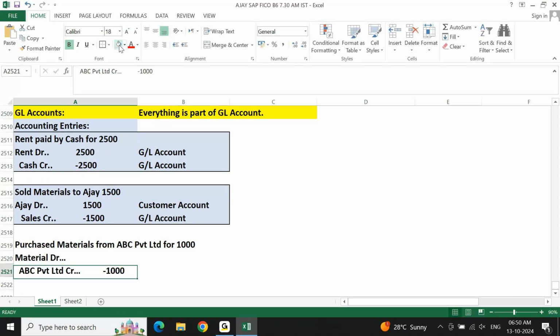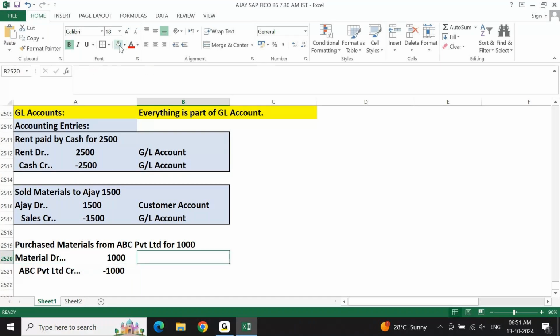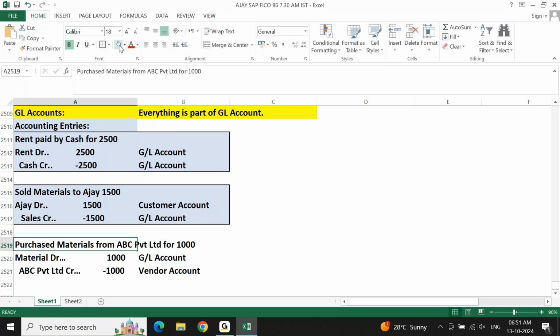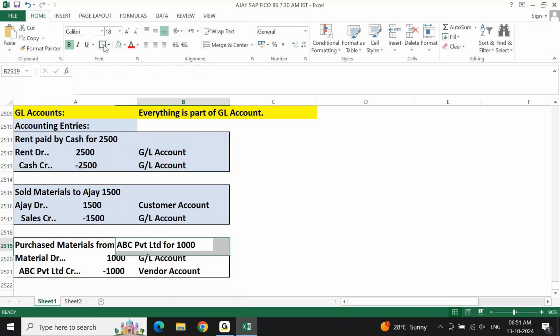Here I'll put 1000 debit number. What is this first account? Material account. GL account, sir. ABC Private Limited, vendor account. Is this accounting entry clear? Yes, sir. This is also clear.